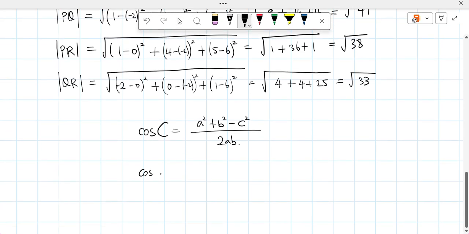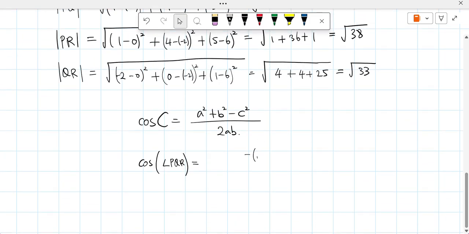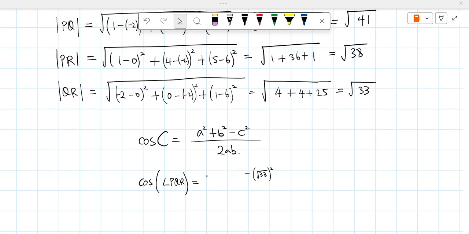So cosine of the angle PQR is equal to c squared is fixed to be the square root of 38 squared, and the A and B are going to be 41 and 33, divided by 2 times square root of 41 and square root of 33.